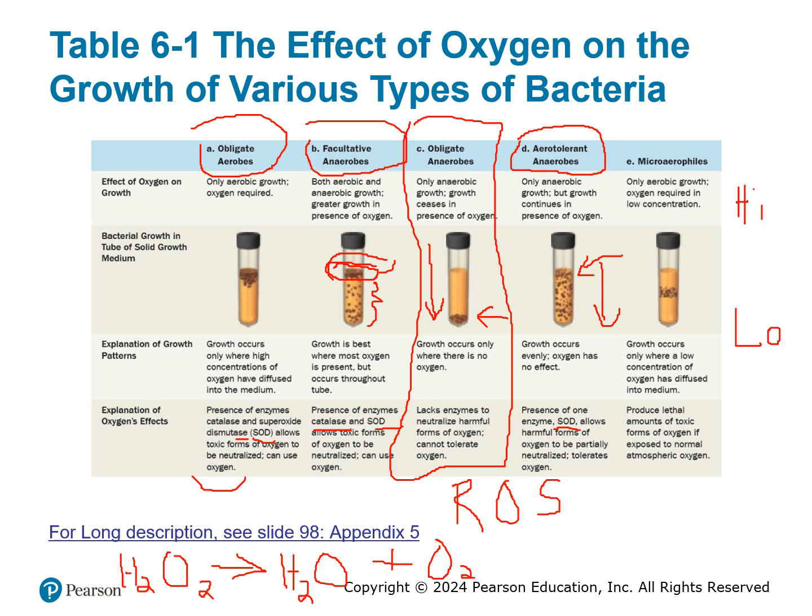It's not able to use it for growth. Then we have this guy, a little bit down in the test tube where the oxygen is going to be less. Remember, the oxygen is just doing simple diffusion from the top to the bottom. It's going to produce lethal amounts of toxic forms of oxygen if exposed to normal atmospheric oxygen.